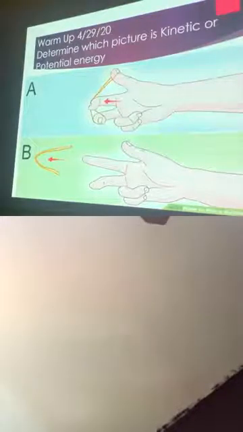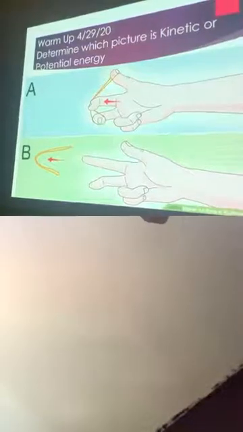So we use a common object that we can find in our homes. In picture A, the rubber band is not moving, and that person's just stretching it out. It's actually potential. It has the potential to fly across the room. Oh, I get it now.